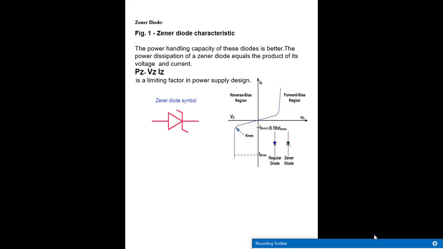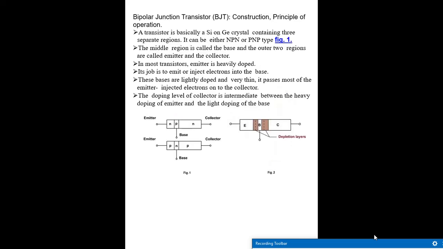In the reverse bias region, before the breakdown voltage there is not much change, but after the breakdown voltage there is exactly a knee, and at that reverse bias voltage a huge amount of current flows parallel to the negative y-axis. This is what differs from a normal diode, and we call this a Zener diode. The total power is represented by Vz into Iz, the total current generated multiplied by the applied voltage. This is what a Zener diode is.